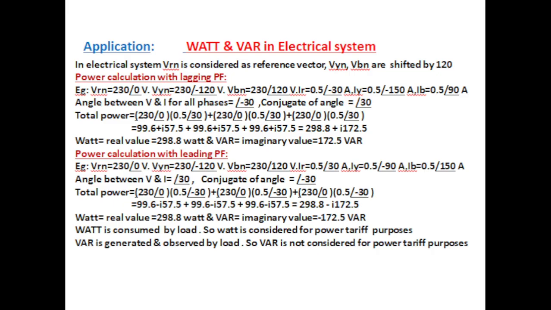Total power equals 230∠0 into 0.5∠-30 plus 230∠0 into 0.5∠-30 plus 230∠0 into 0.5∠-30. That equals 99.6 - j57.5 plus 99.6 - j57.5 plus 99.6 - j57.5, equal to 298.8 - j172.5. Watts equals the real value, 298.8 watt. Var equals the imaginary value, -172.5 var.